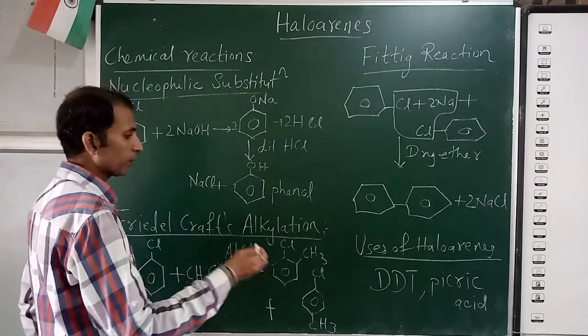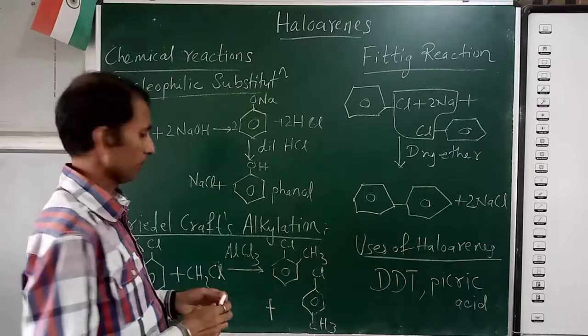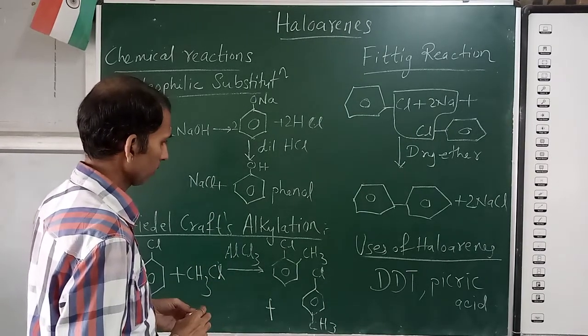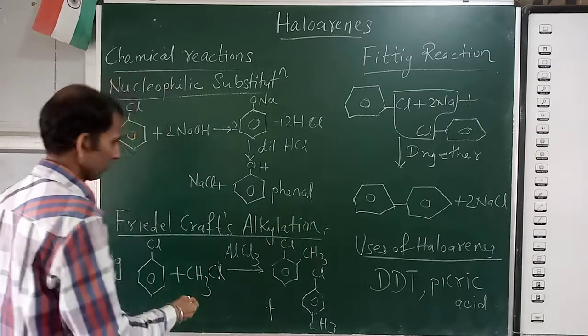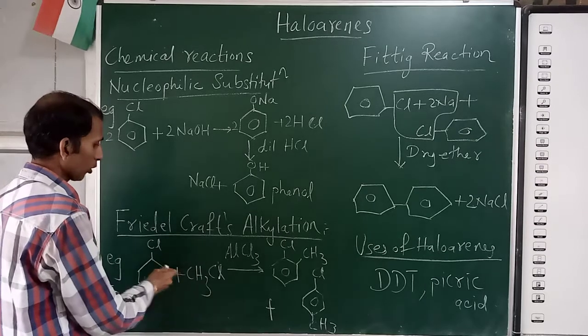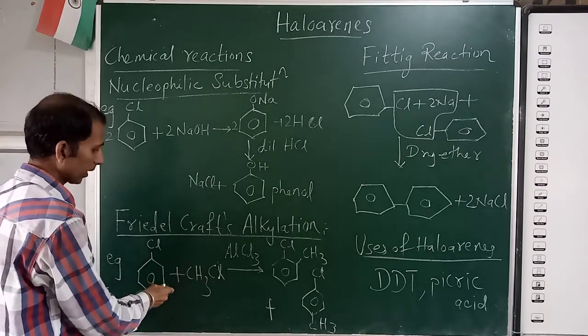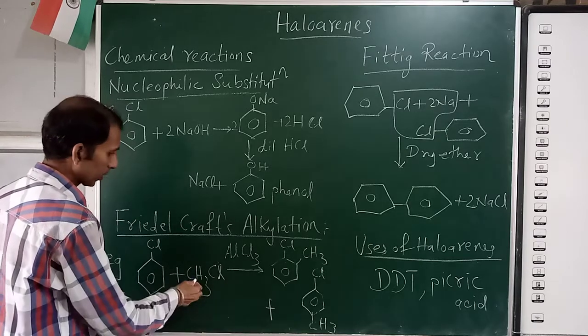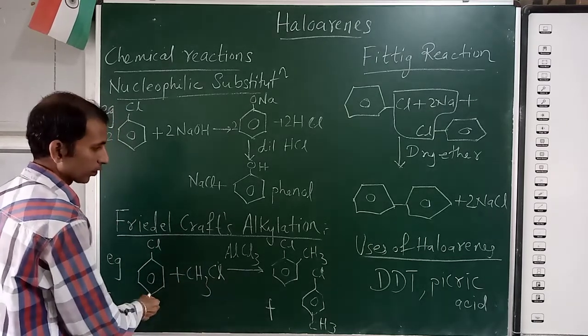So we get a mixture of two products. First one, methyl group added to ortho position. We get this product. And the second product is where the methyl group gets added to the para position.